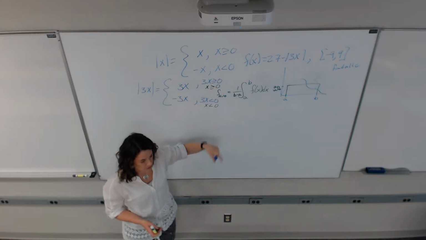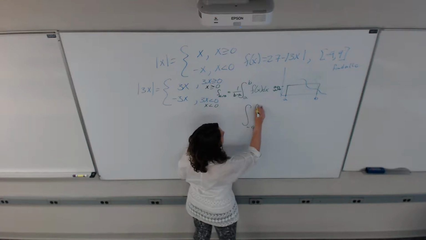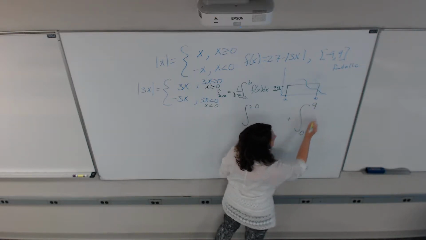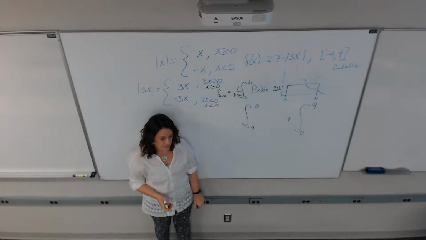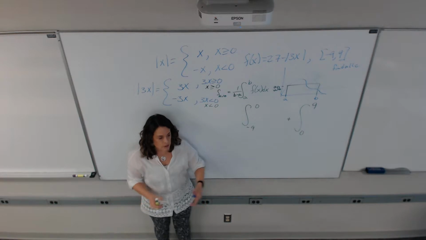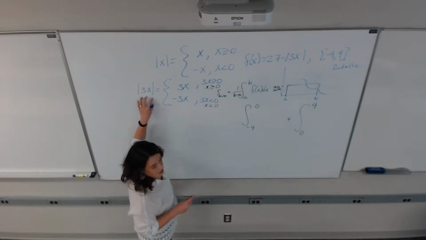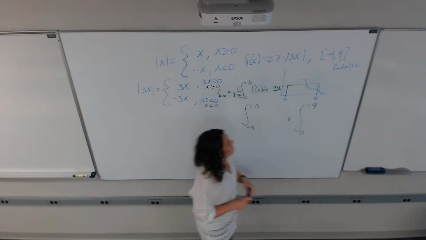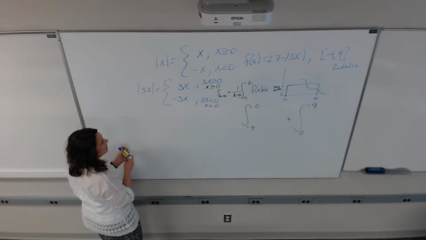So I'm going to be doing the integral from -9 to 0 plus the integral from 0 to 9, because that's where this is going to change. Just the absolute value part. Now what about the rest of it? Because this is not the function. The function is 27 minus that. So if I'm going to do 27 minus that, what would my definition for f be?